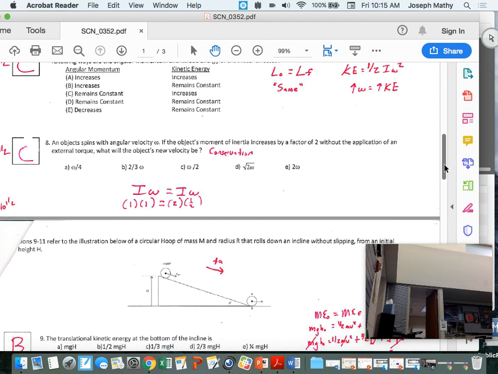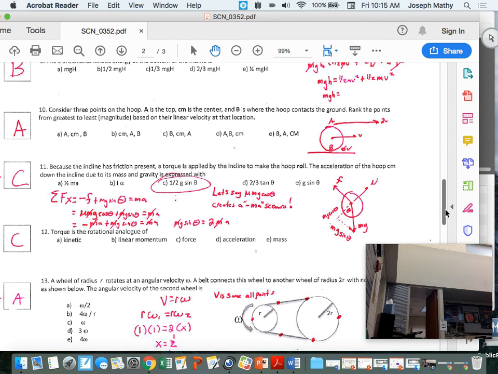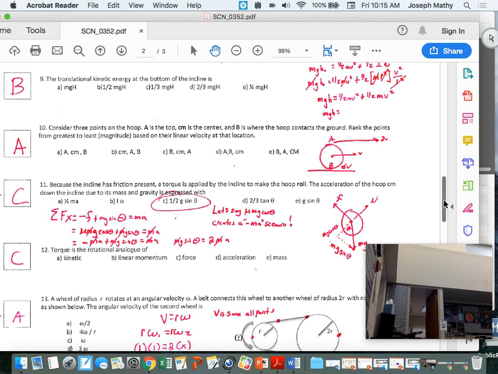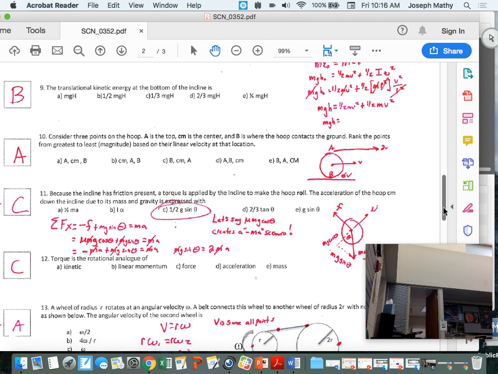That should make sense. These 9, 10, and 11, I'm just going to let you guys stare at 9, 10, and 11 for a couple seconds because 9, 10, and 11, that really did stretch what we know.